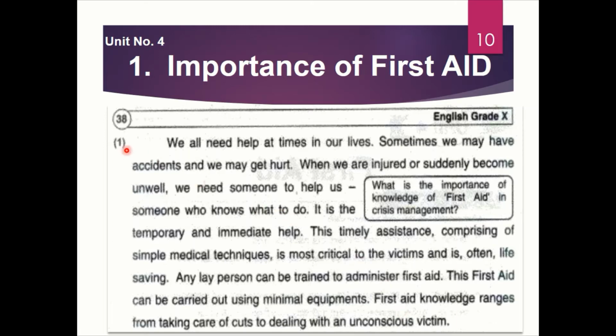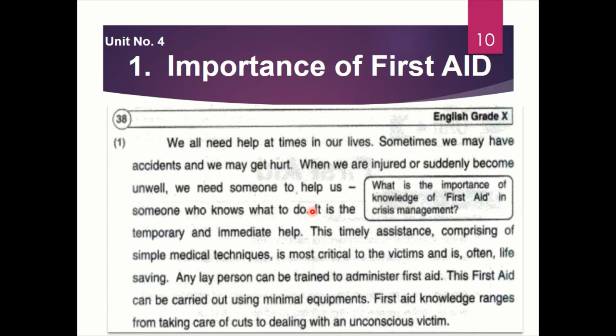Your first paragraph, number 1, can be summarized under this heading, that in this paragraph the importance of first aid has been discussed. As you know, accidents and emergencies always happen unexpectedly.